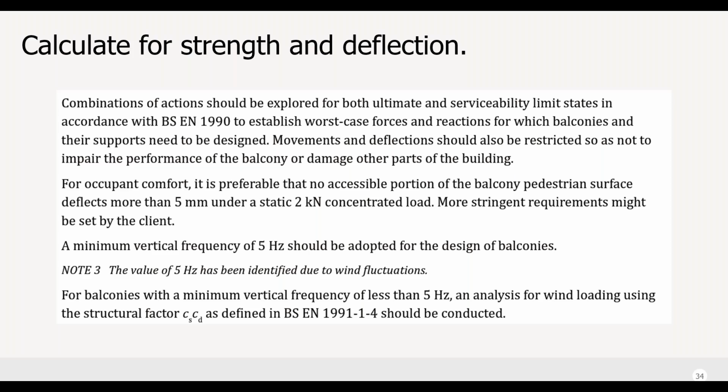Again, on this one, the larger the number, the better the balcony is. Now, frequency is important, but it's a good servant, but a poor master. It's very difficult actually to check the frequency of a finished balcony. So the empirical deflection limit, we feel, is more appropriate.